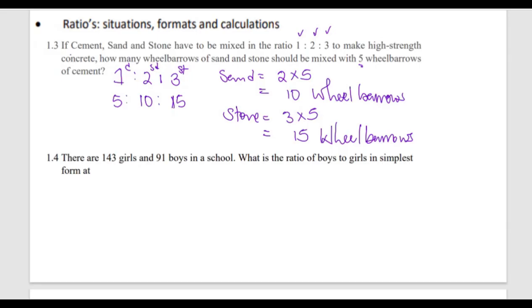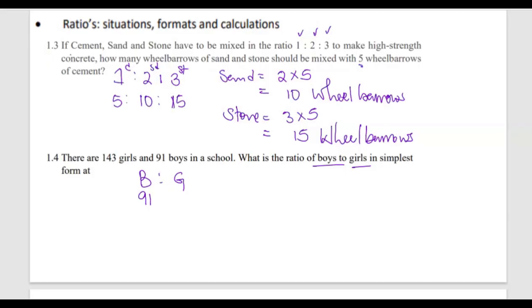1.4. There are 143 girls and 91 boys in the school. What is the ratio of boys to girls, simplified? They're asking us boys to girls. Take note of that.